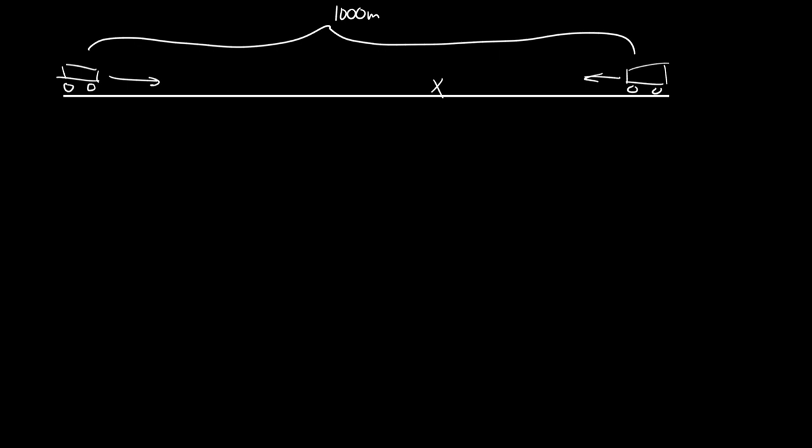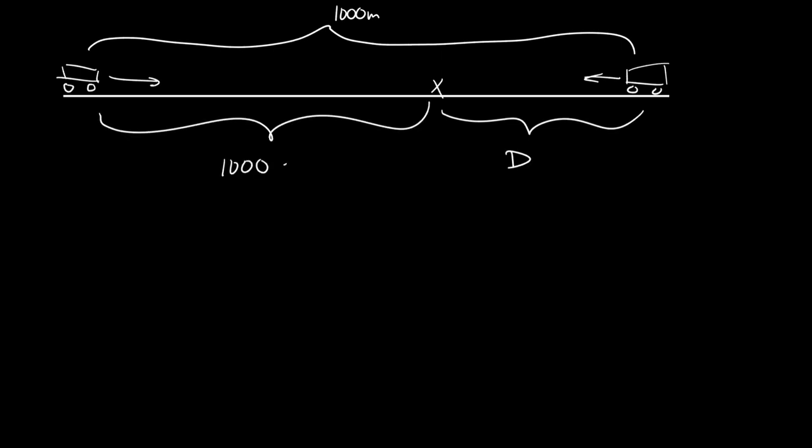So here's the thing. Unlike the other problem where they both moved the same distance, in this problem they did not. This train is going to move a distance d. This train is going to move a distance 1,000 minus d. This is the displacement for one of the trains. This is the displacement for the other train.